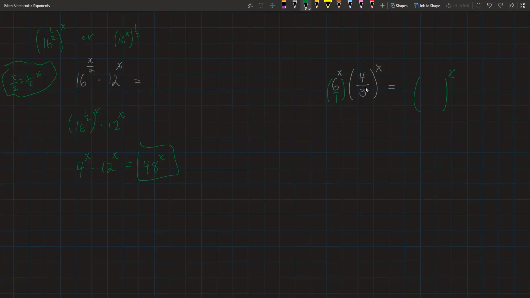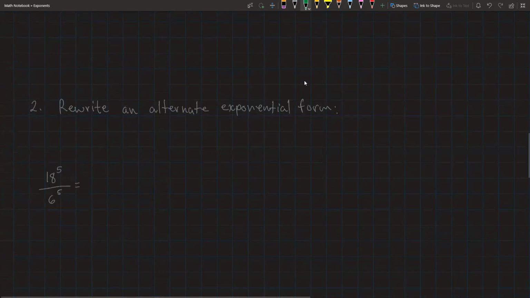I think that's 8. 6 divided by 3 is 2 times 4 is 8. So 8 to the x. That's what happened. That's pretty cool, right? There it is. Same exponent, different base. That's another idea we can incorporate to our practice with exponents.